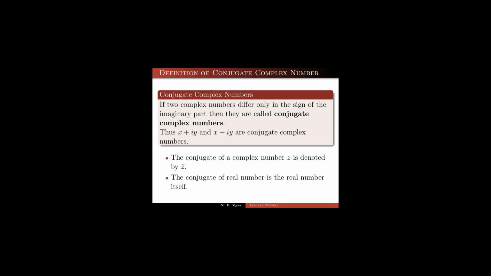The conjugate of a plus bi plus cj plus dk is a minus bi minus cj minus dk.